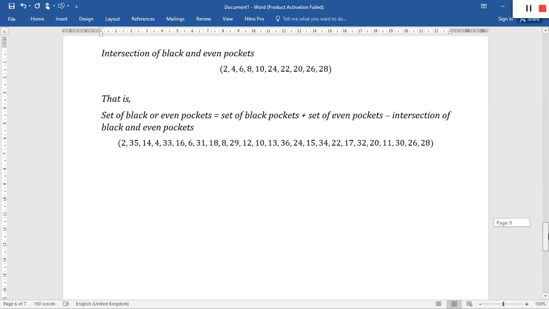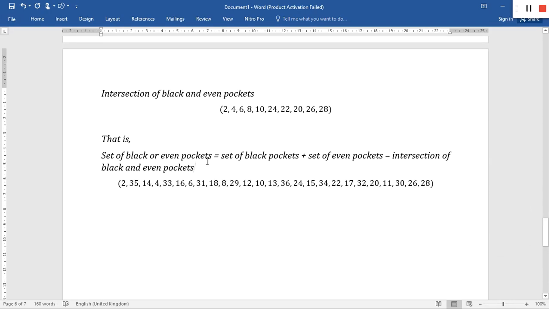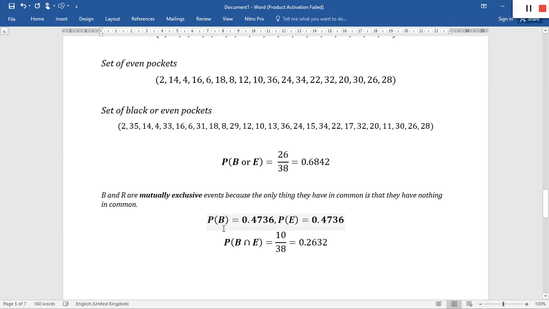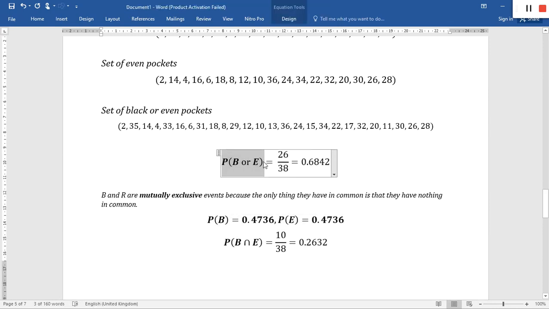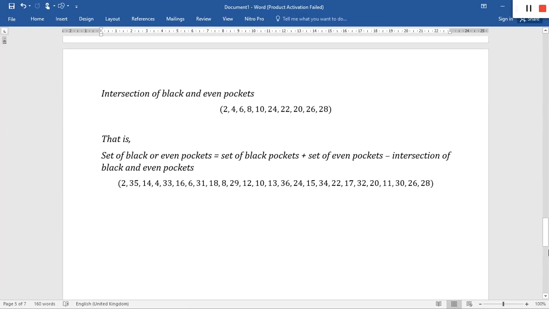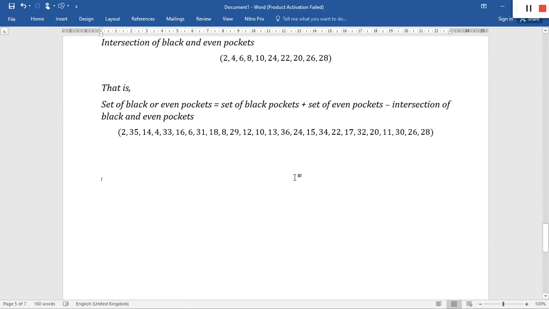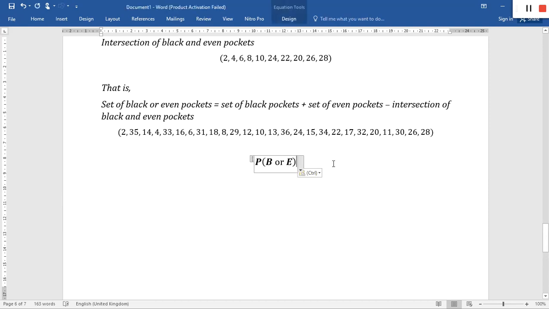Now, which means if you want to find the probability of black or even pockets, how do you write the formula? Without thinking too much, all you need to do is bring this out. So the probability of a black or even pocket is simply this probability here, which represents this, is it not?